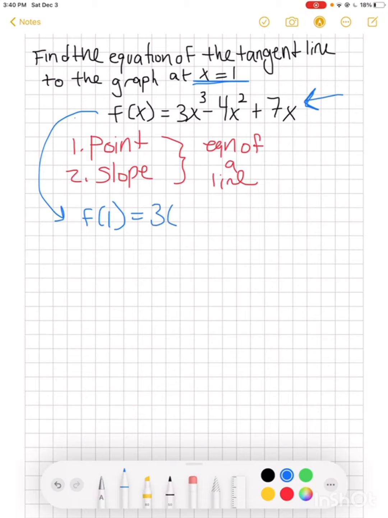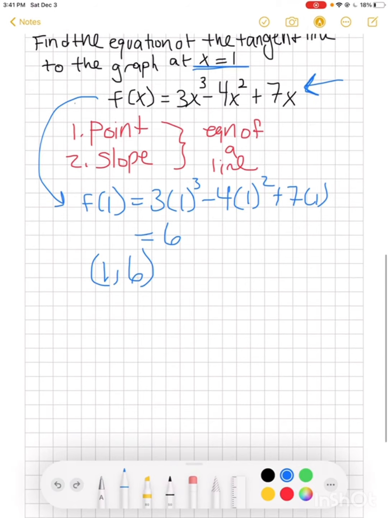We just want to find the point. It's going to equal 3 times 1 cubed minus 4 times 1 squared plus 7 times 1. And this is just going to give us 3 minus 4 plus 7, which is just 6. So now we know that we have a point on our graph and on our tangent line.